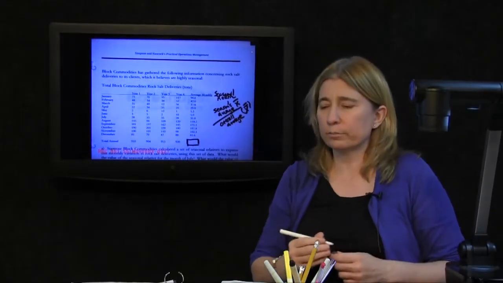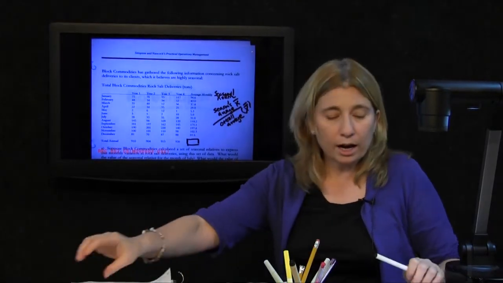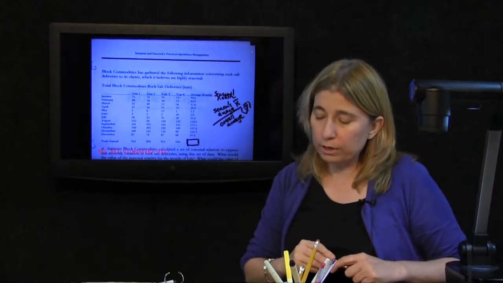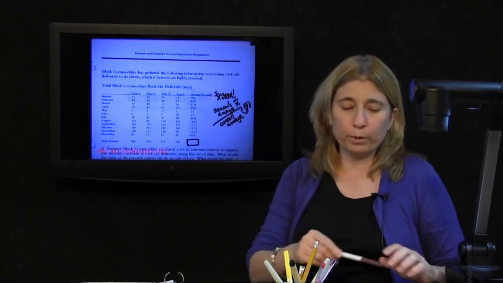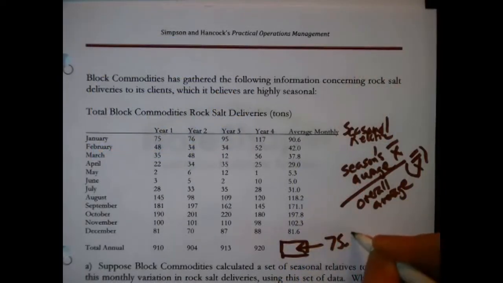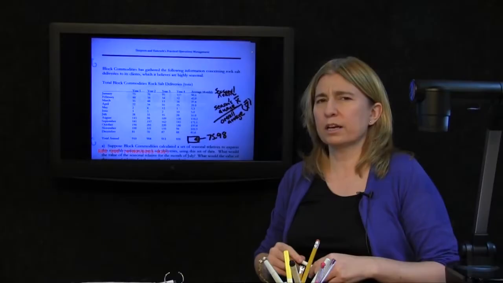I did that on my calculator just to get us started. I averaged all the numbers in this column, and the number that I got was 75.98. What does that mean?